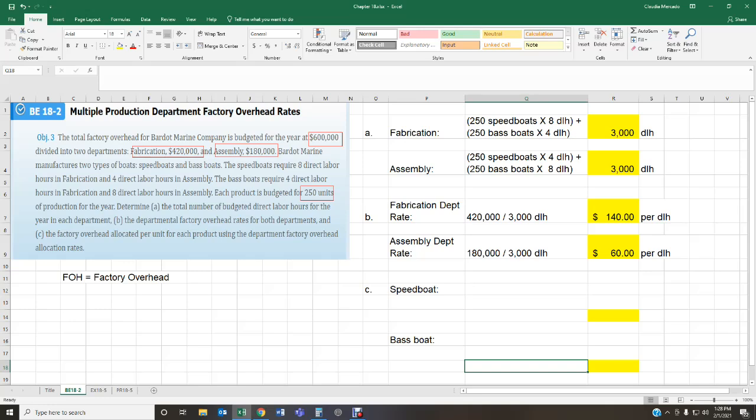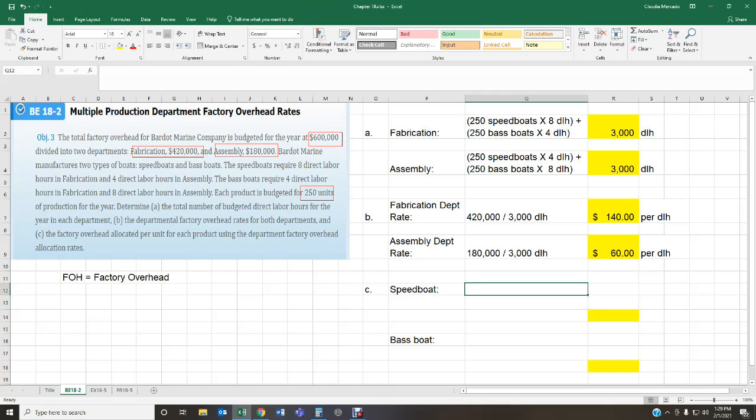So this is my fabrication rate and this is how much we're spending per hour on my assembly department. $140 versus $60, fabrication versus assembly. Okay, now requirement C. The factory overhead allocated per unit for each product using the department factory overhead allocation rates.